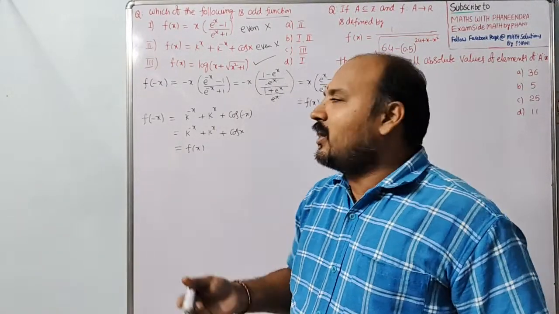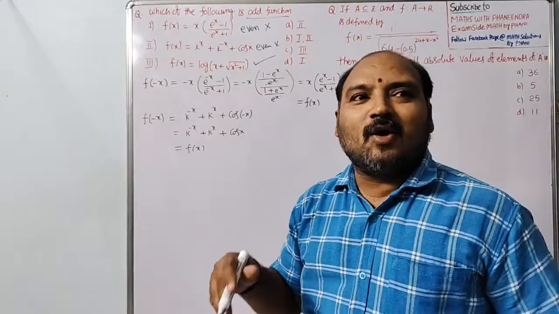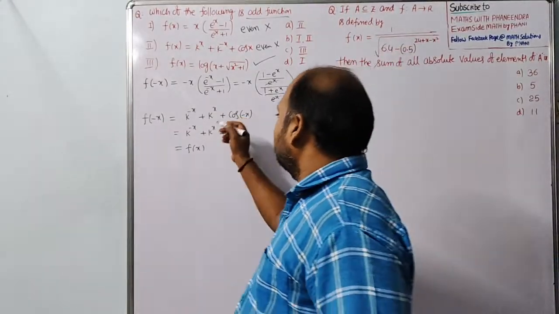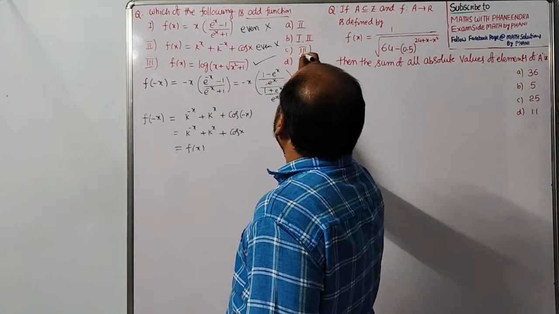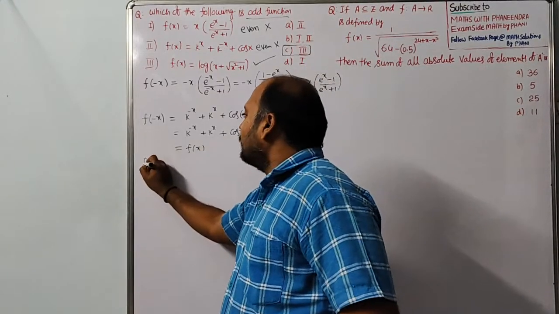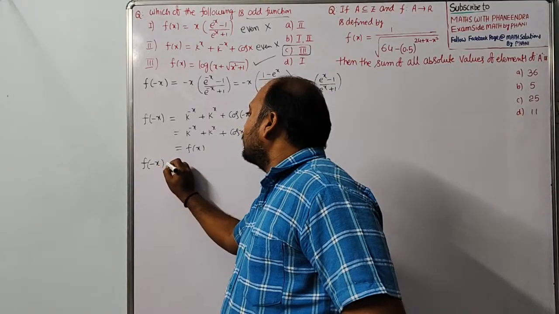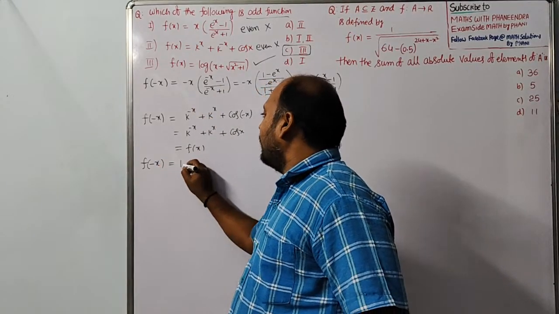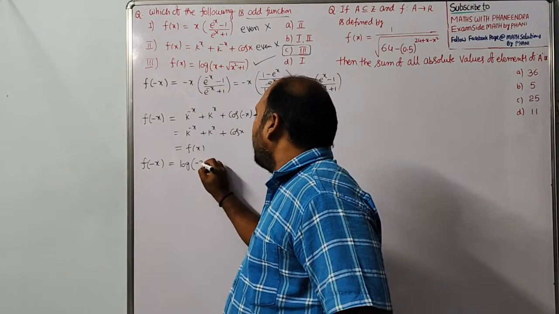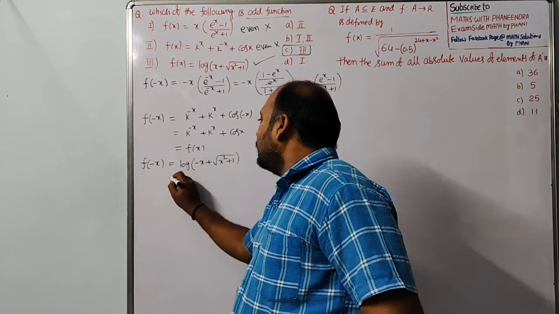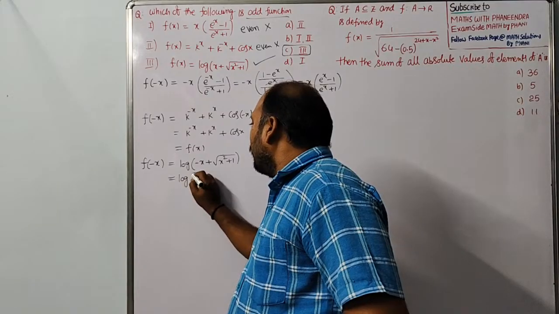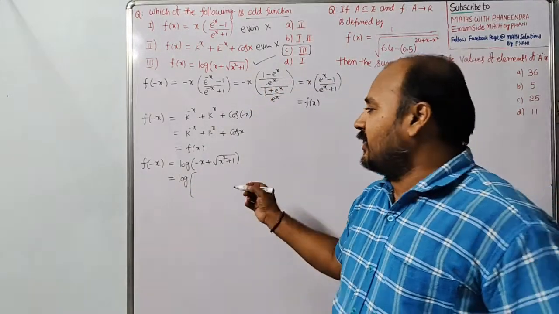Okay. But some students will ask how it will be. I will tell that. So your answer is decided now, the third option is the right option. But how is it? f(-x), wherever x is there, replace with minus. So log of (-x + root of x square plus 1). In this log function, we need to rationalize first.